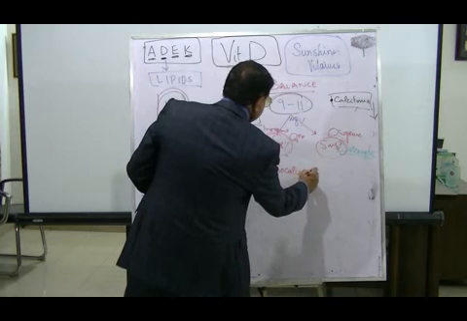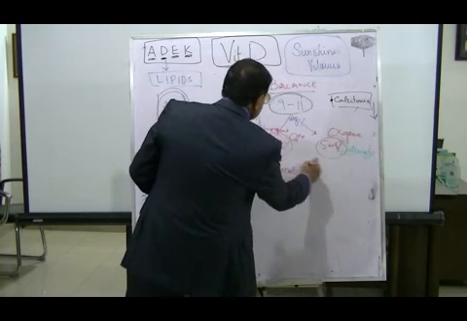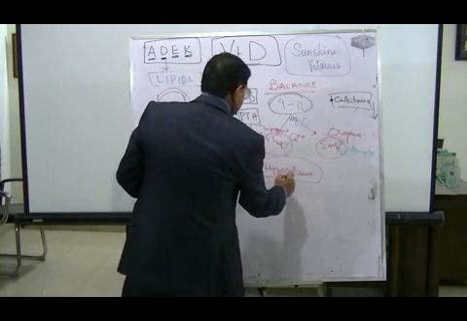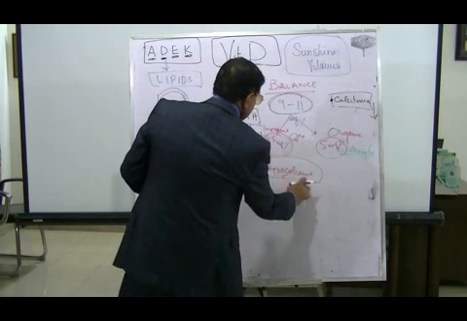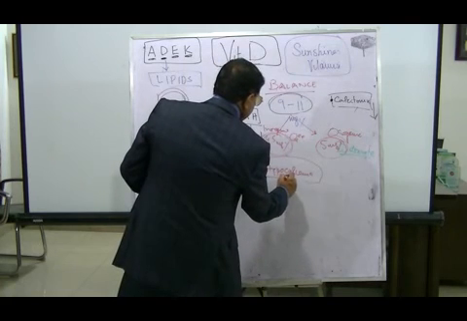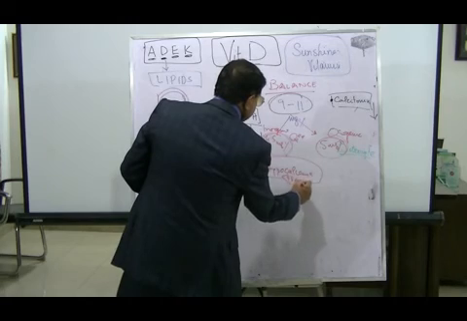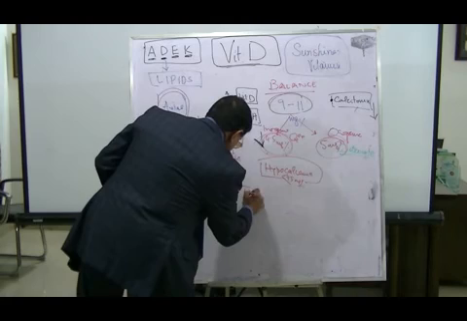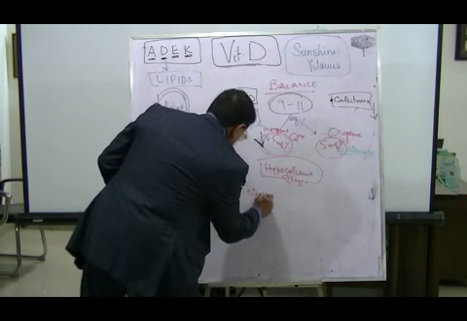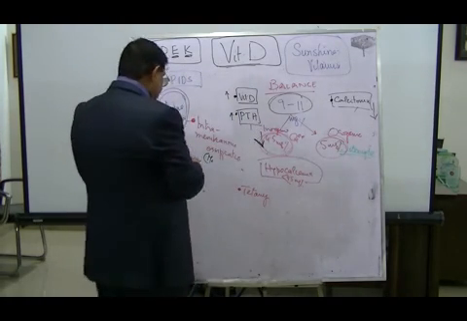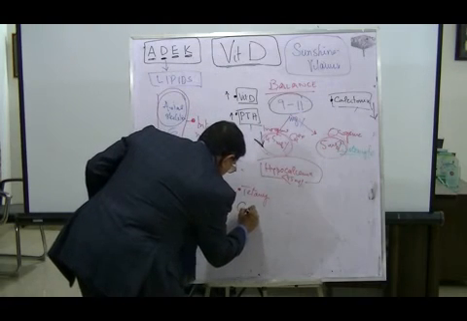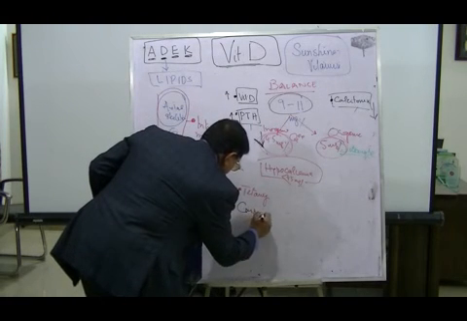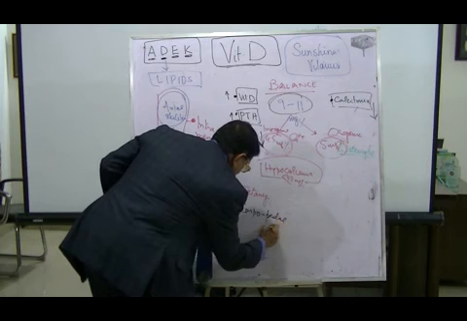Hypocalcemia. Now what will happen in hypocalcemia? When the inorganic level falls less than 4.5 milligram%, the patient will suffer from tetany. It is called carpopedal spasm.